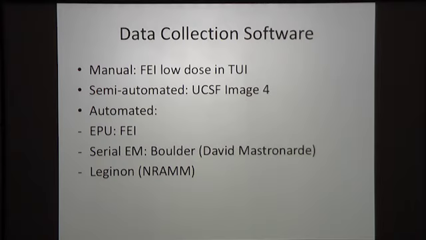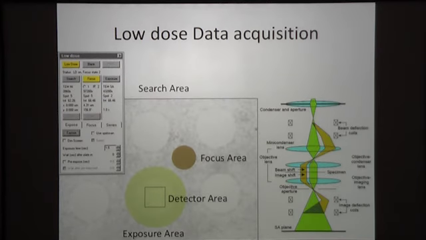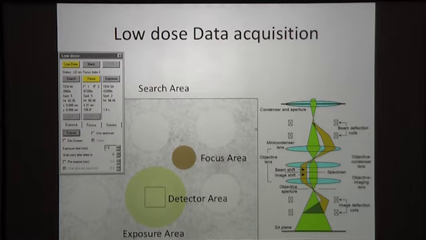So the low-dose software has been around for a long time, and this is actually how everybody used to collect data before these automated software packages came out. It's pretty simple. You have 3 modes: search, focus, and exposure, and each mode is basically a preset for your optics, your magnification, your intensity, your spot size.